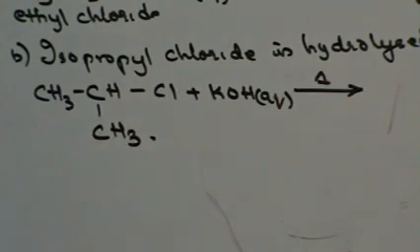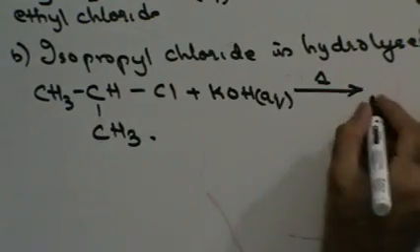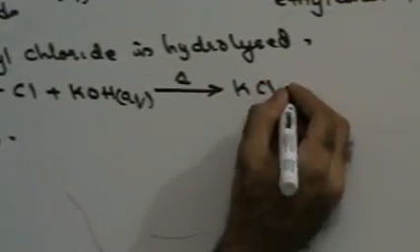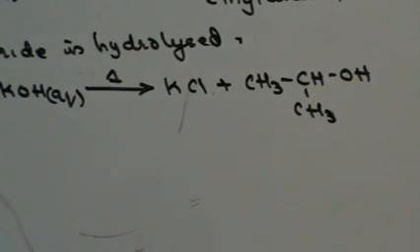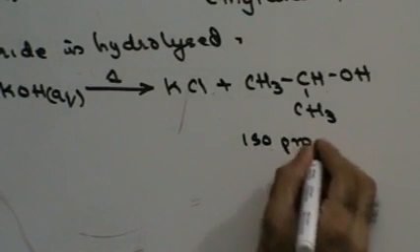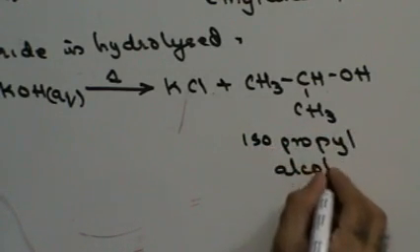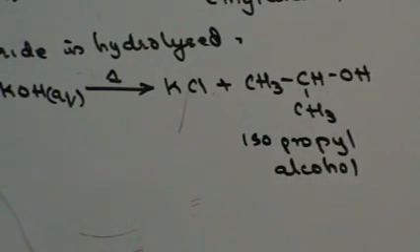Heat, right? Substitution reaction. So you will get KCl plus CH3, CH, CH3, OH. 3 carbon atoms, therefore propyl, and this is going to be isopropyl alcohol. CH3 is in the branch. Fine, do we get this?